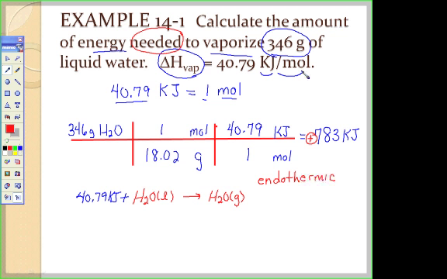If we were to sketch out a little energy diagram, that would mean that my reactants are at lower energy than my products. This isn't a heating curve, cooling curve. That's an energy diagram. So it would mean adding heat to go from reactants to products.